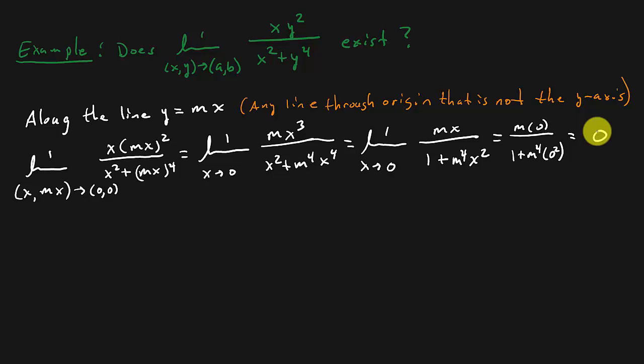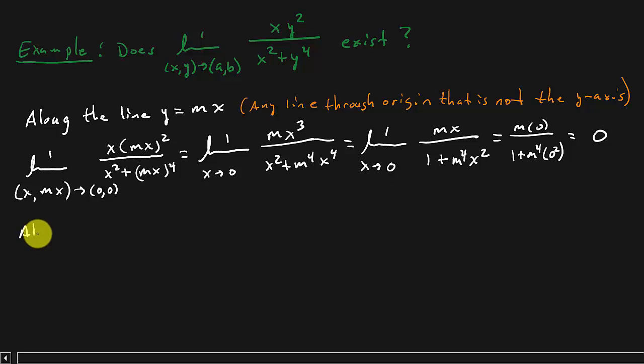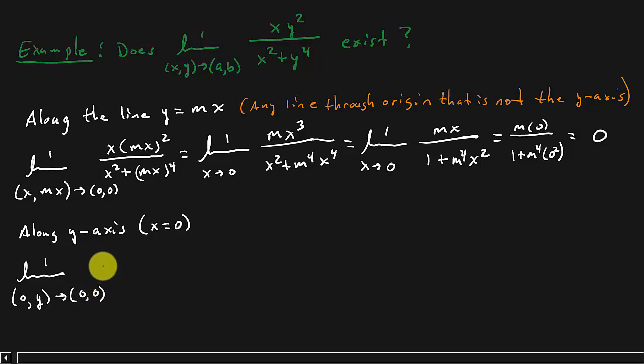All right, now let's look along the y-axis. And that's when x is equal to 0. So that's going to be the limit as 0, y goes to 0, 0. And so that is going to be 0 times y squared over 0 squared plus y to the fourth, which is equal to the limit as y goes to 0.